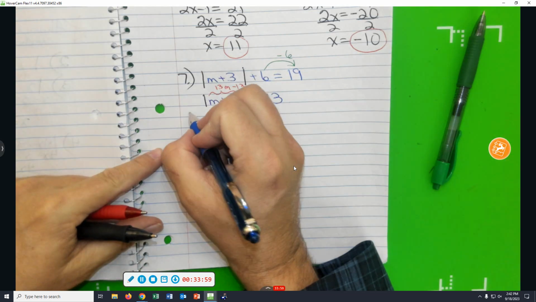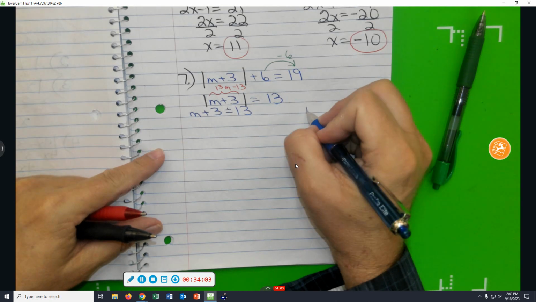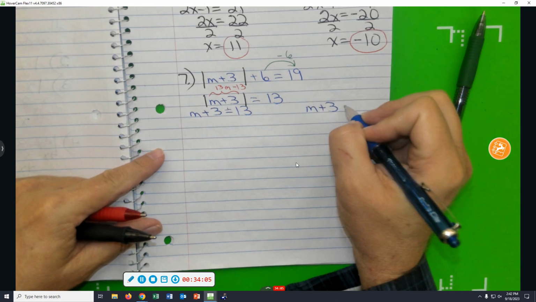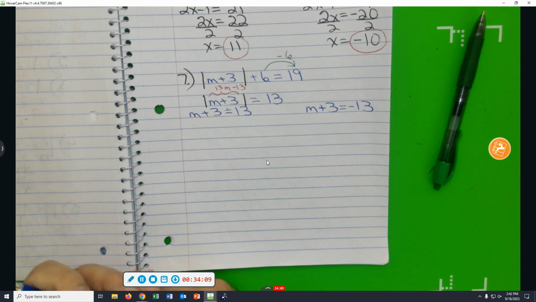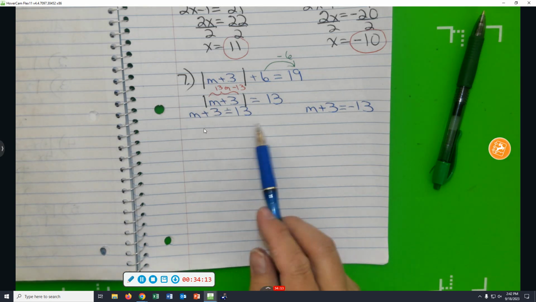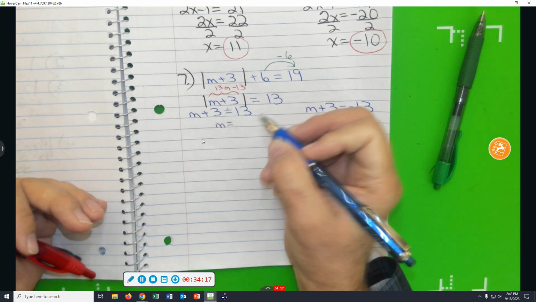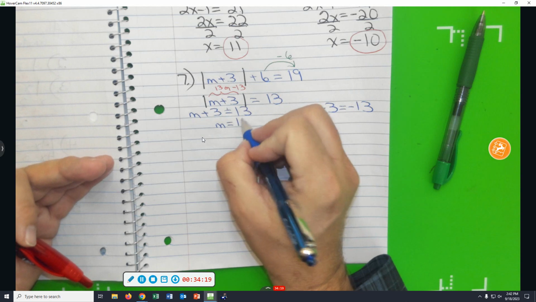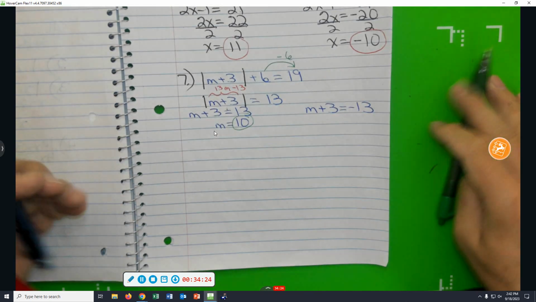So m plus 3 equals 13 or negative 13. Subtracting 3 here, we get m equals 13 minus 3 is 10. I agree. There's my first solution.